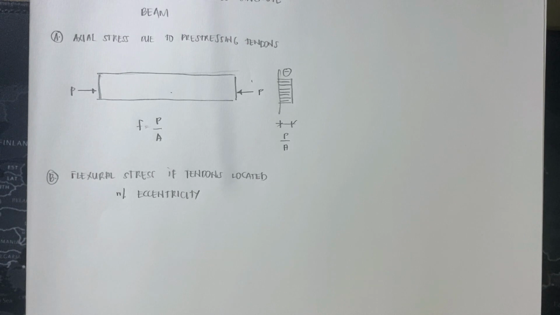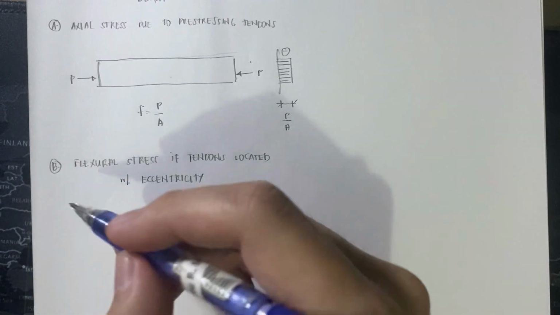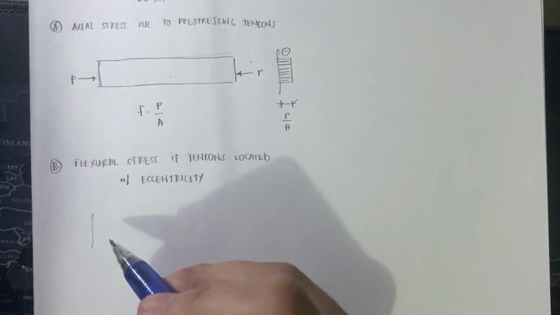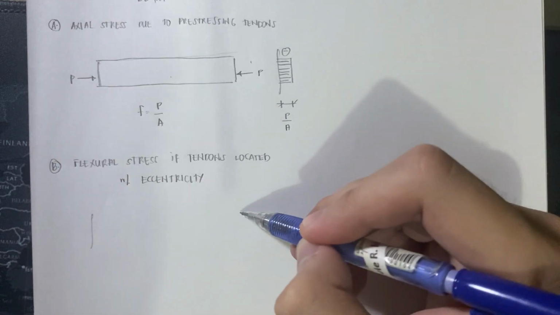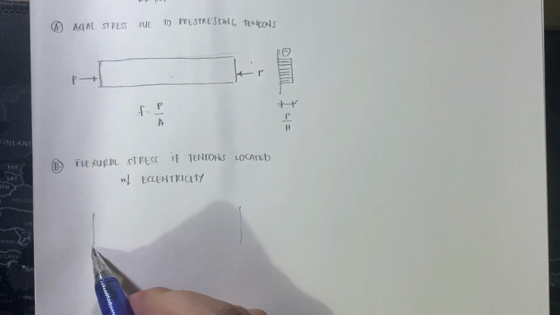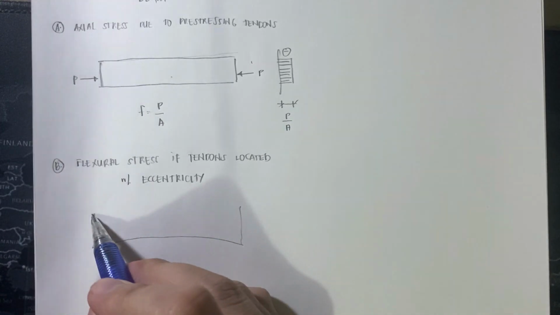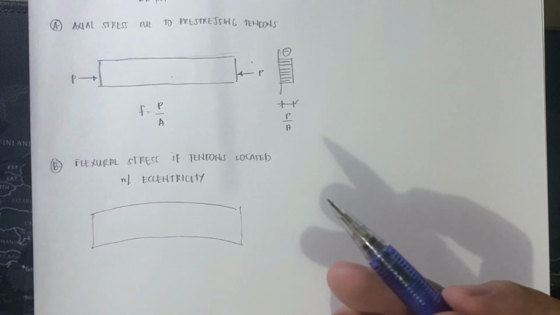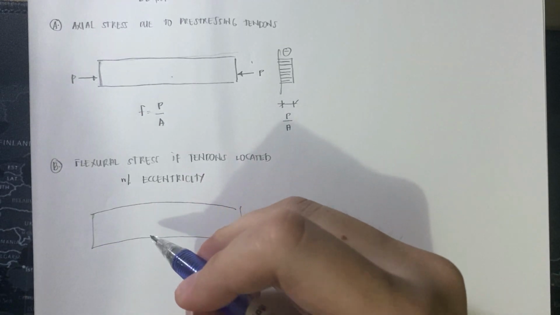So if that's the case, we are going to place the tendons at the lower part of the beam, so that it would cause a flexural stress shown like this in the figure.